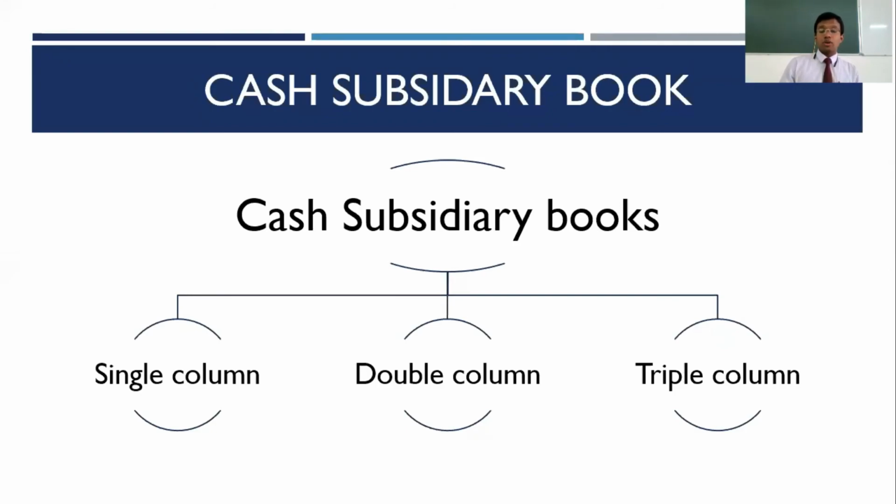So that is what is meant by the cash subsidiary book. The most important thing you have to remember here is that the cash subsidiary book is a subsidiary book which is used for recording cash transactions. It is one of the 8 subsidiary books maintained by a business, and it is of 3 types: single column, double column, and then triple column.